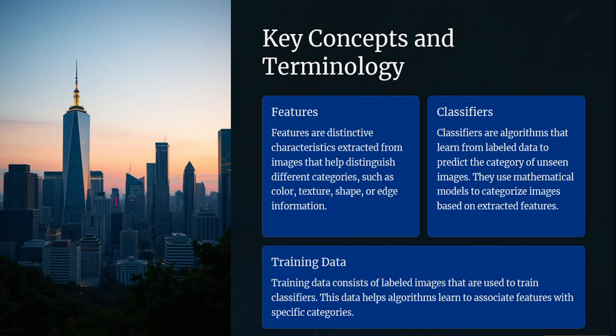Now, training data. Training data consists of labeled information that is used to train the classifier. This data helps the algorithm learn to associate features with specific categories. Now, what is training data? Before bringing this model to the public, we train it on important training data like pictures of cats, dogs, and some other different pictures.